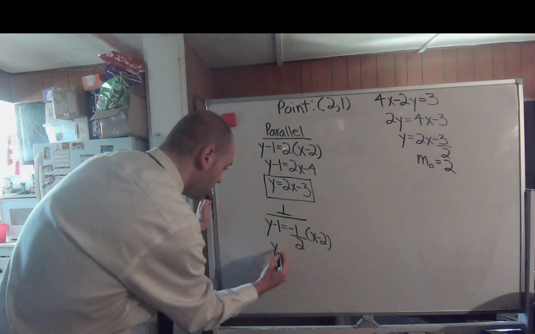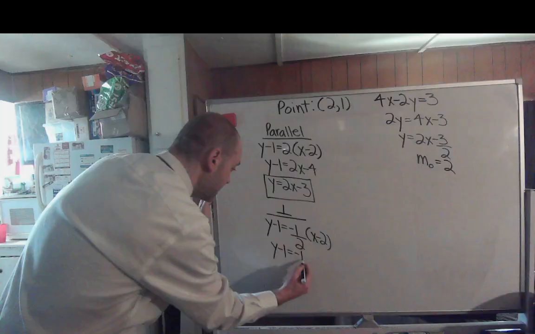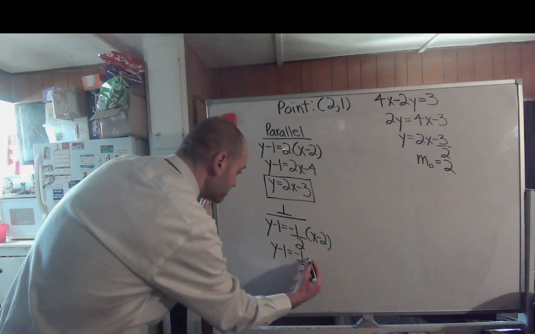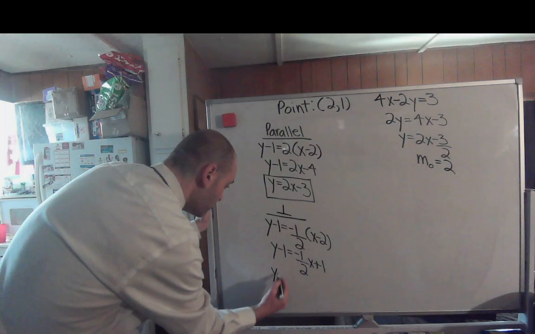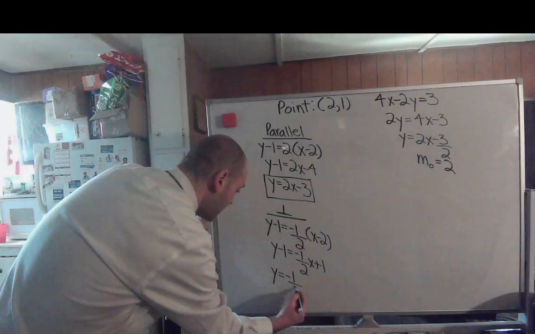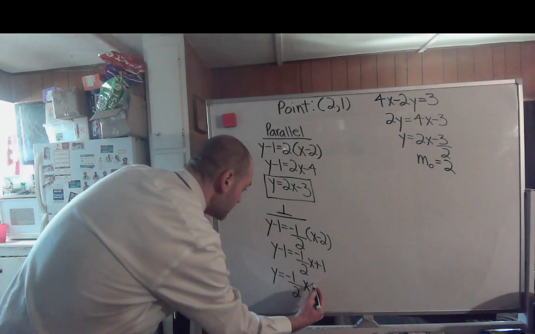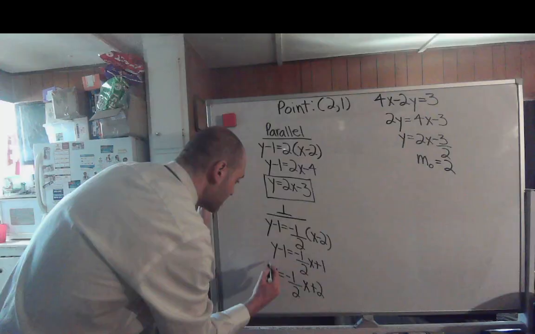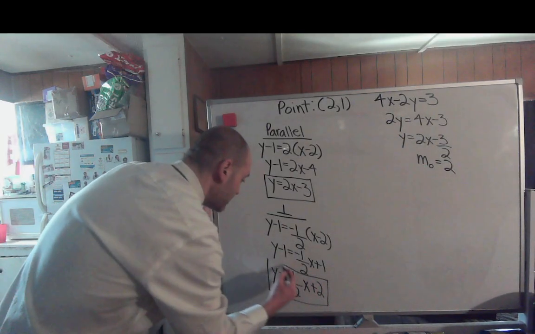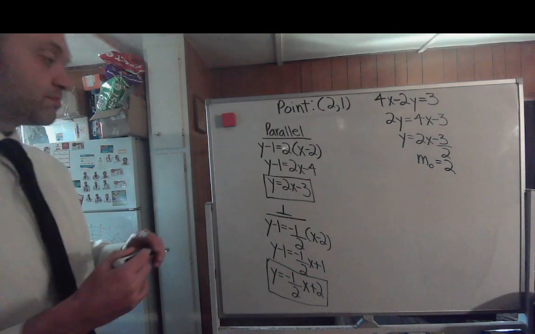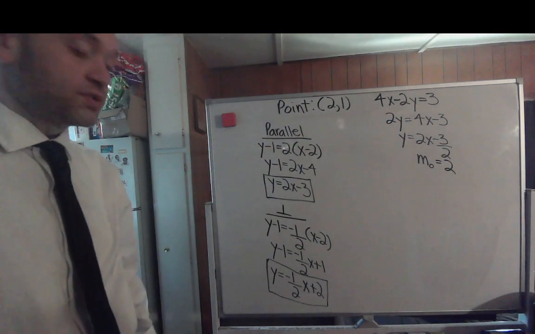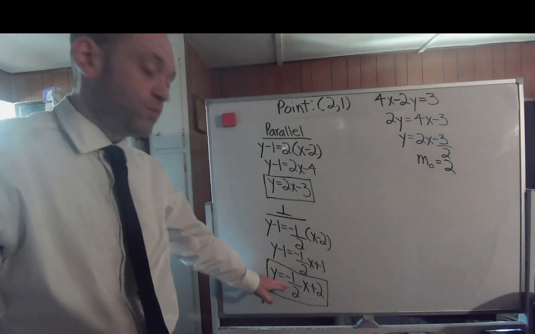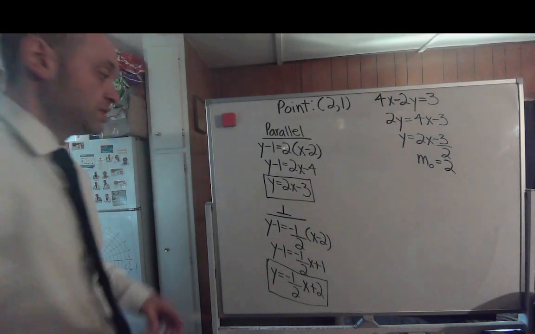So you would get y minus 1 equals negative 1/2 x plus 1, which would give you y equals negative 1/2 x plus 2. So the line going through the point 2, 1 that is perpendicular to 4x minus 2y equals 3 is y equals negative 1/2 x plus 2.